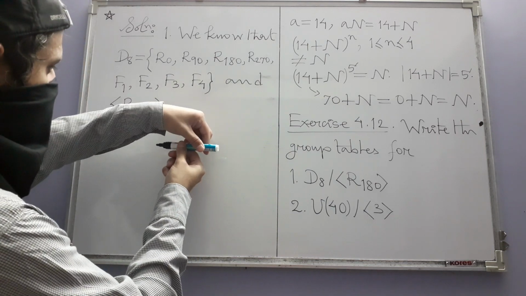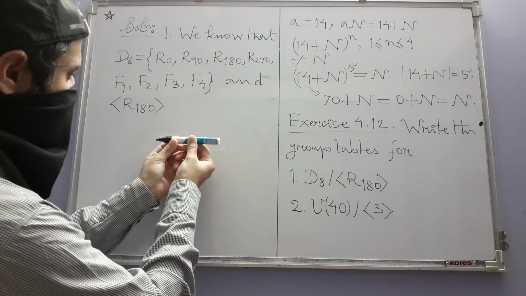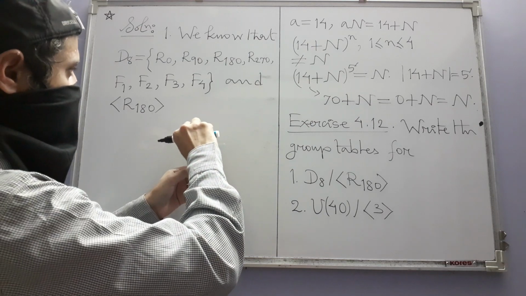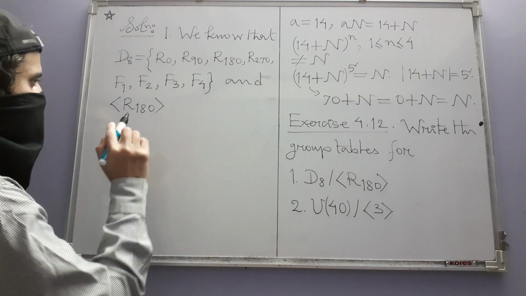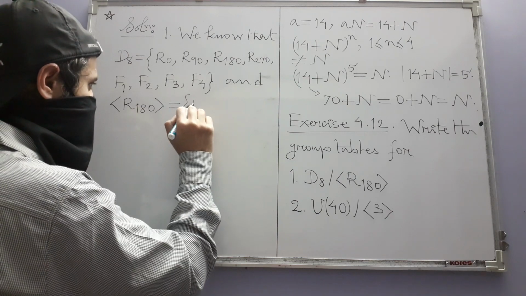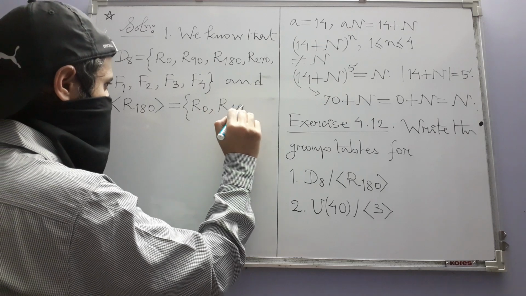Say the square is in this position. This is of course not a square, but I'm just simply saying 180, another 180, so it comes back to that same state. So that's why it will have order 2, and it is just this.